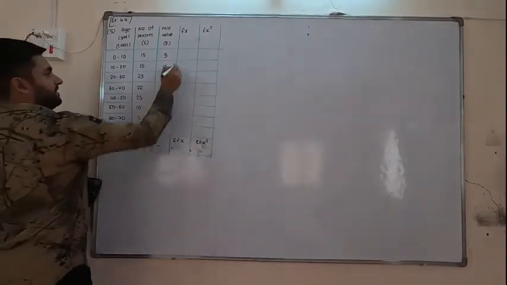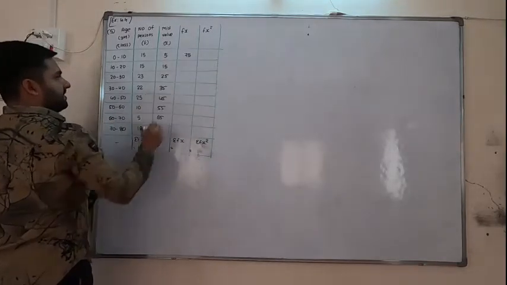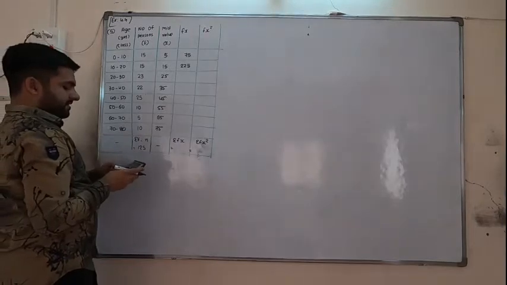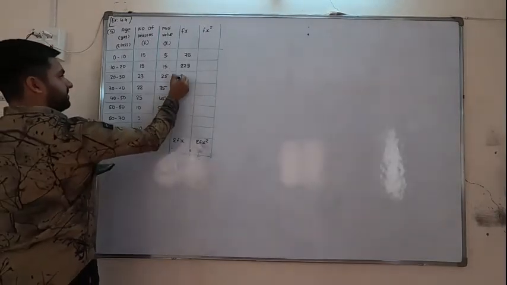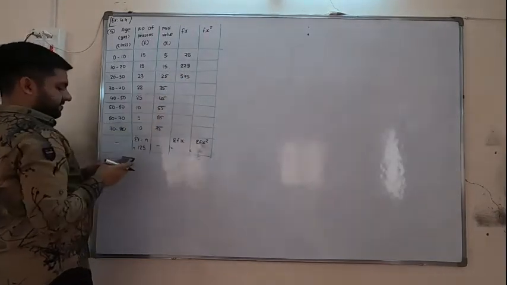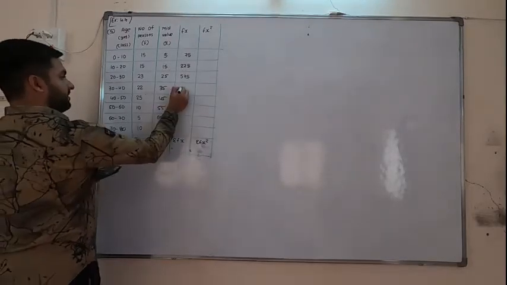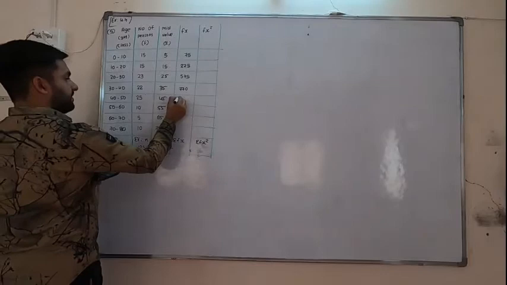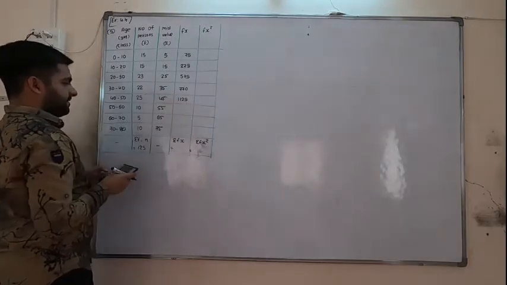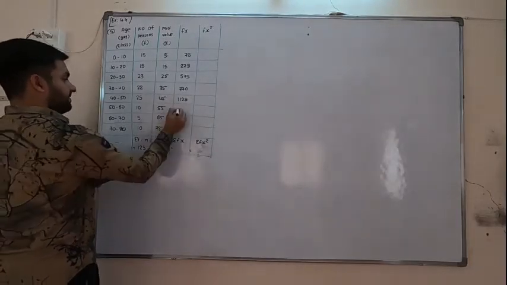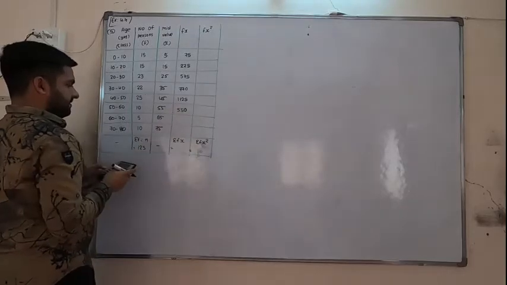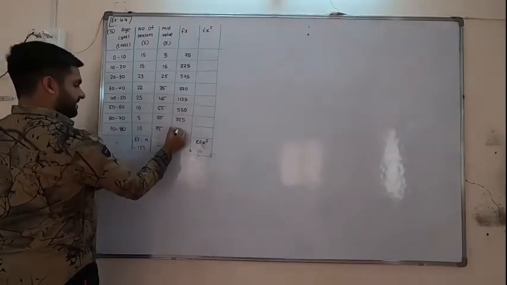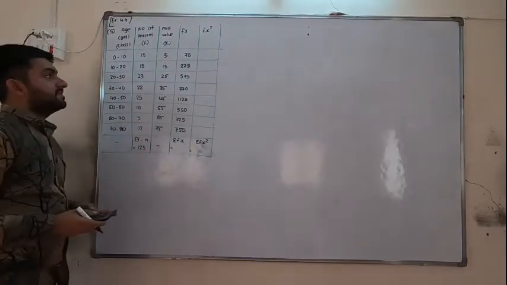Now fx: 15 fives are 75, 15 into 15 is 225, 23 into 25 is 575, 22 into 35 is 770, 25 into 45 is 1125, 10 into 55 is 550, 5 into 65 is 325, and 75 into 10 is 750.